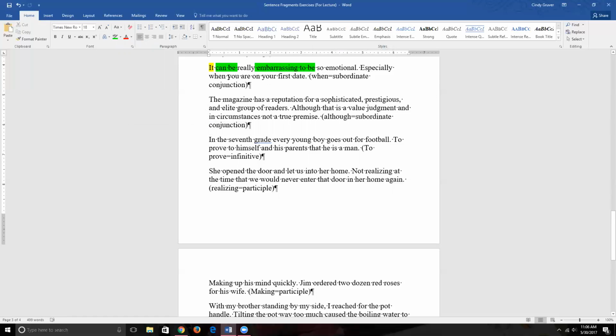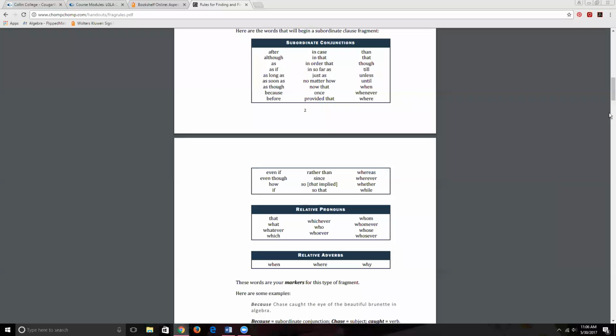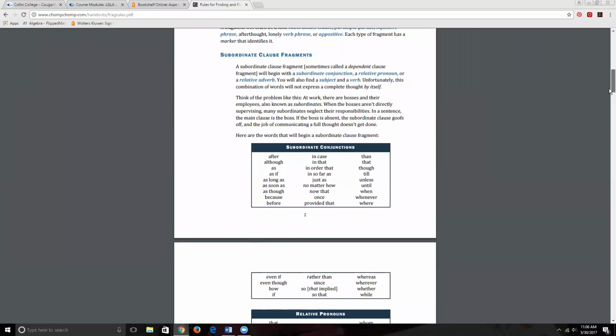Okay, well, you seem to have a subject here, you, and you definitely have a verb here, are. But the problem is that we have a subordinating conjunction here, when. Let's just go back to our document here, subordinating conjunction right here, when.